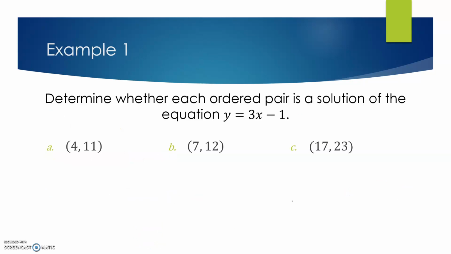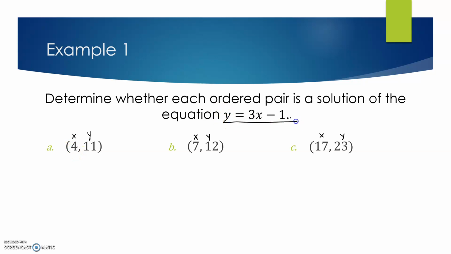All right. So we are going to start by determining whether each ordered pair is a solution. Now we have to recall that the first value is x and the second one is y. I always write x and y over my values so that I remember where I'm putting each value. So for this first one, I have x is 4 and y is 11.